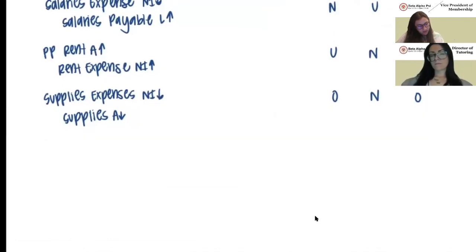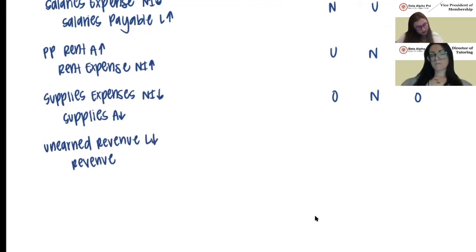So the adjusting entry for that is going to be a debit to unearned revenue and a credit to revenue. So unearned revenue is a liability account, and a debit to a liability lowers it.